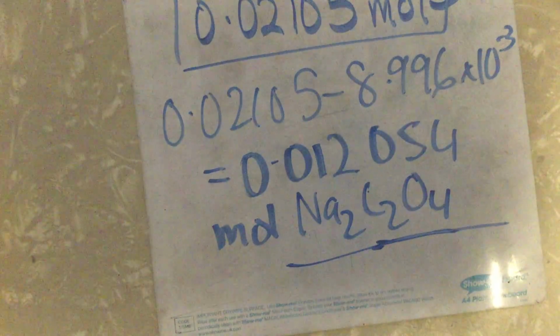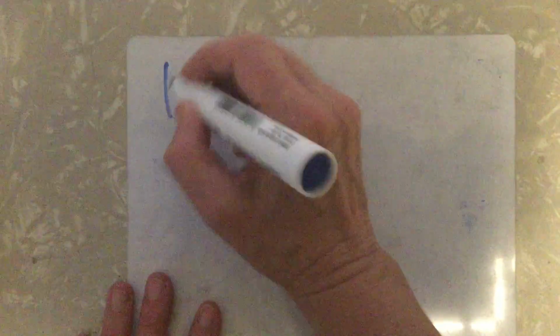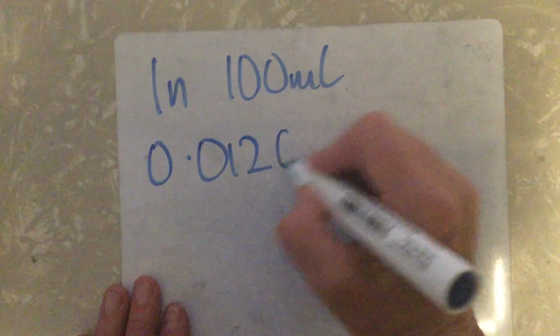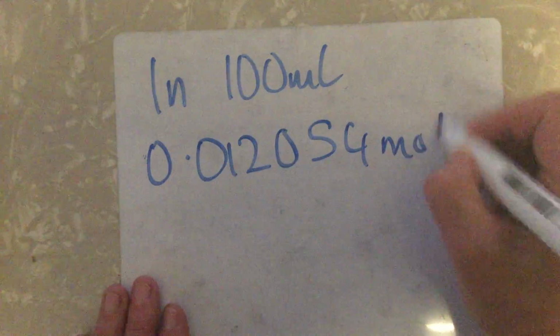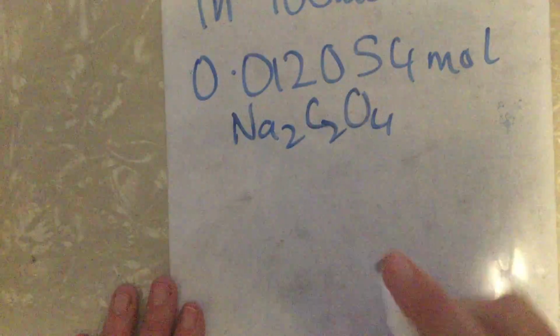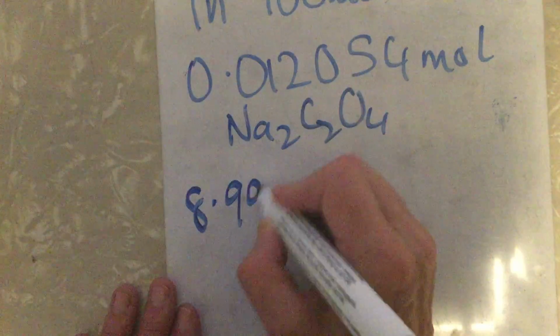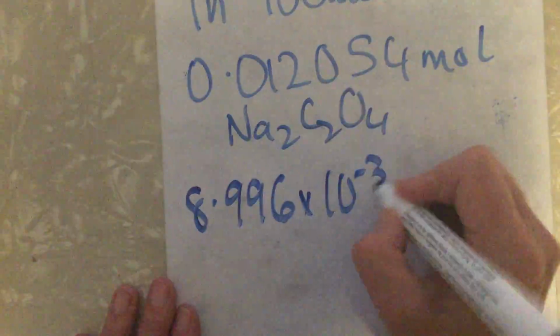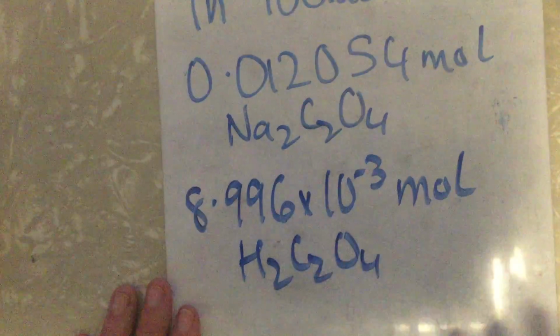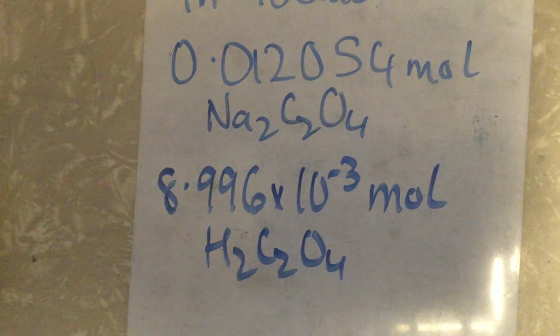Okay, so now we know that in 100 mils we have 0.012054 moles of Na2C2O4 and 8.996 times 10 to the minus 3 moles of H2C2O4. So those are our moles in 100 mils.